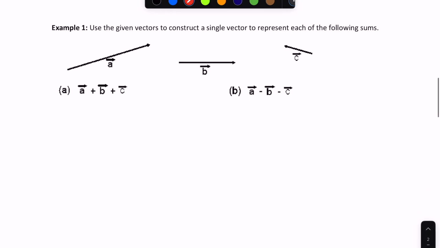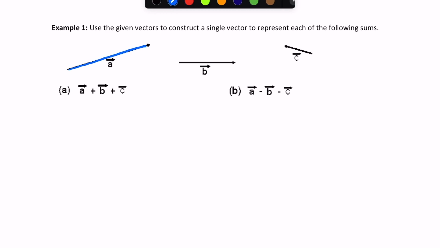Okay, so if we look at this example, it says use the given vectors to construct a single vector to represent each of the following sums. Okay, so here what I'm going to do is just make the color for each of these.